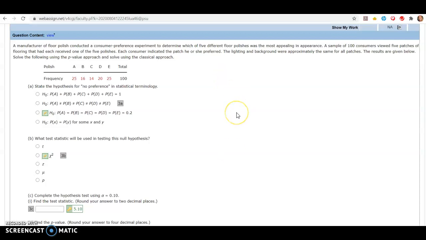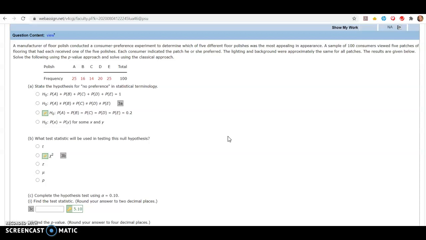So this is one where all of the proportions are the same. And in the null hypothesis, therefore, since there are 5 categories, the null hypothesis would say that all of those proportions are equal to 1/5 or 0.2.